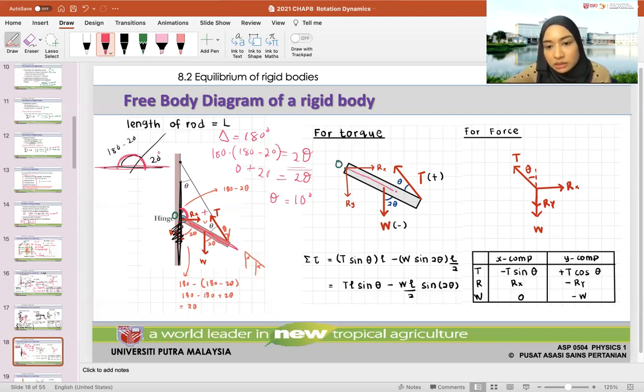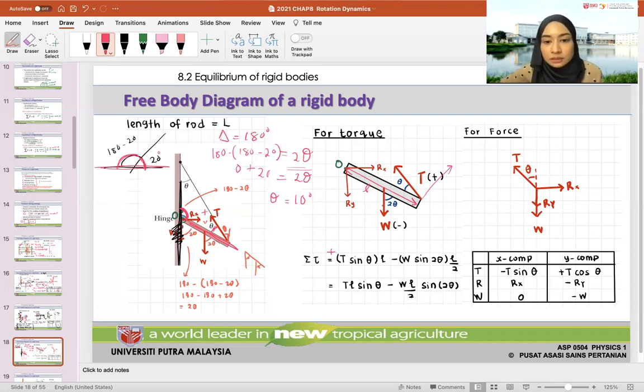The length to the axis of rotation is L. So T sine theta, L. Theta is 10 degrees. And then if we resolve it, we take the ruler and push it in the same direction as the perpendicular tension. We know that it will go anti-clockwise, so it will get a positive sign.